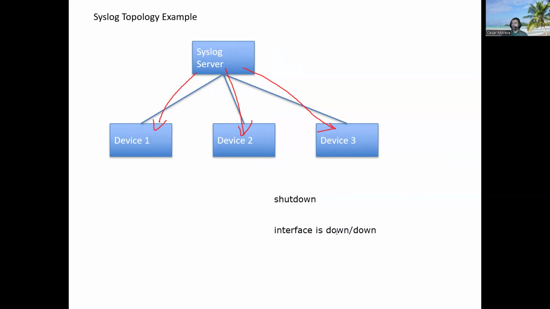We receive a message similar to this one, and it is created by the syslog server, the configuration that we added to our networking devices, and the synchronization between the different devices. Great.